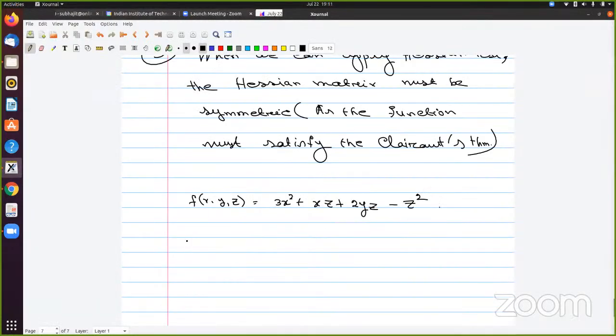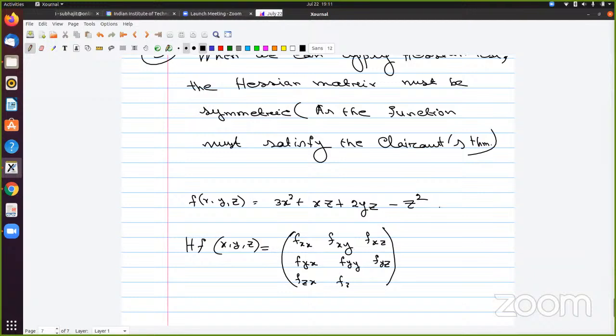Okay, so now how will the Hessian matrix look like? We have fxx, fxy, fxz, then fyx, fyy, fyz, then fzx, fzy, fzz.